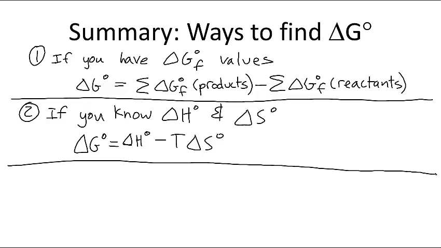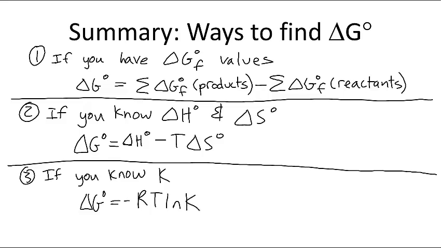And a third way would be if you know the equilibrium constant, we now know that delta G naught equals negative RT ln K.